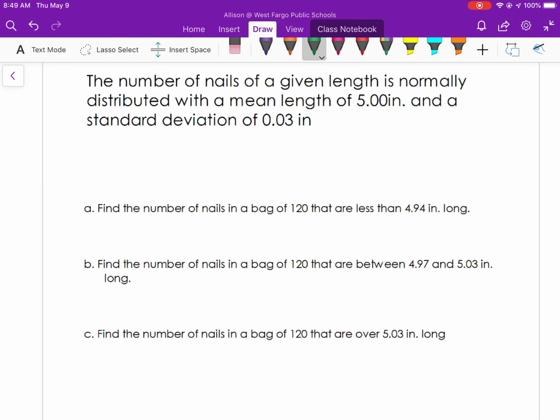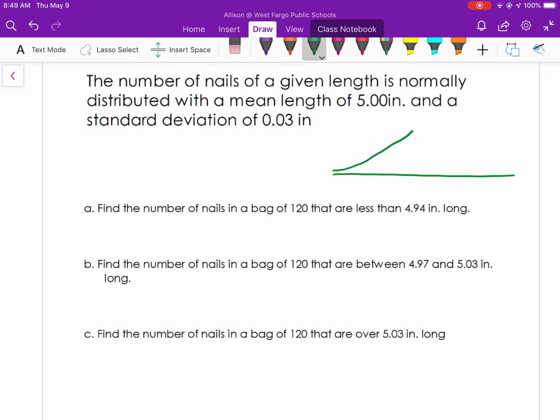The number of nails of a given length is normally distributed with a mean length of 5 inches and a standard deviation of 3 inches. So let me first try to draw my standard deviation curve.